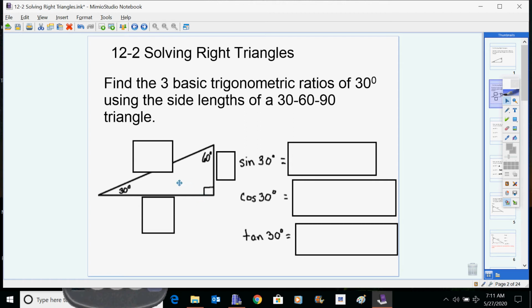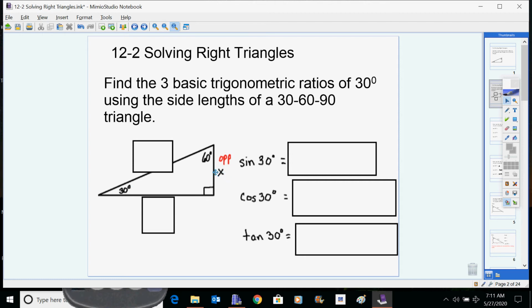If you'll remember, when you have a 30, 60, 90 triangle, there are specific proportions to the sides. We talked about that in another chapter. The side across from the 30 degrees was your x side. It also happens to be the opposite side when we're basing things off of the 30 degrees, so we can take care of both things.